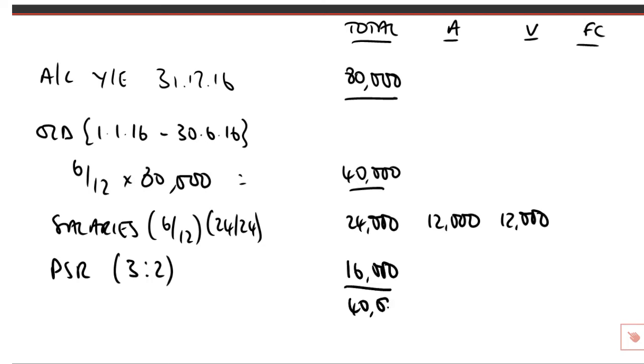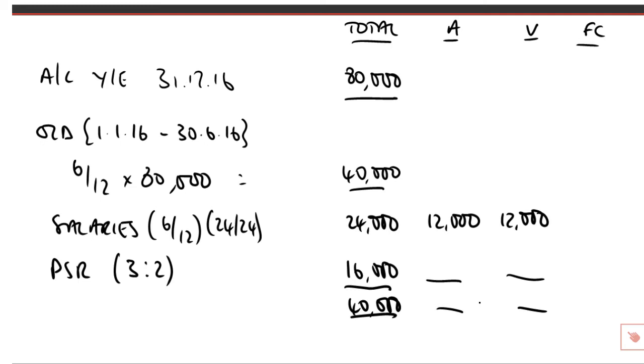I say the remaining because we're looking here to allocate 40,000. We've allocated 24, so 16,000 is that remaining profit. And that here is to be split between these 2 partners. Remember, this is before partner FC joined, in the ratio of 3:2.